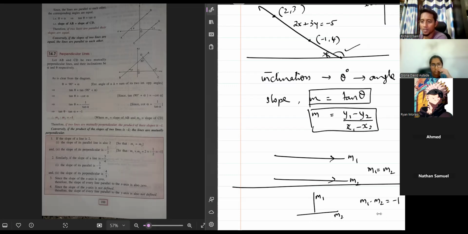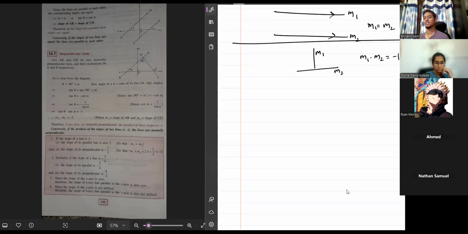Is that clear, everyone? So what we have seen till now is two formulas to find the slope and two relationships between the slopes. And the third and last topic is how to find the equation of the line.